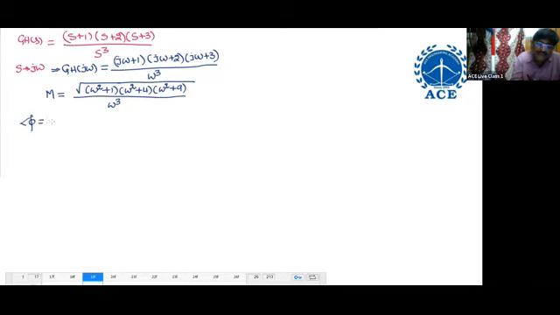Phase angle is minus 270 plus tan inverse omega plus tan inverse omega by 2 plus tan inverse omega by 3. Direction anti-clockwise. At omega 0, magnitude infinity, phase angle minus 270.